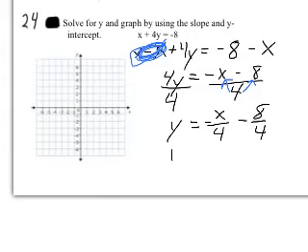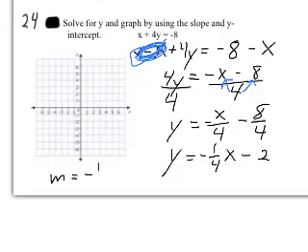Okay, so negative x over 4 is the same as a negative 1/4 x, and negative 8 over 4 is the same as a negative 2. So here we have our slope equals a negative 1/4, and our y-intercept equals a negative 2. So let's start with the y-intercept, negative 2, right there, or thereabouts. And let's count our slope. It's down 1 and over 4, down 1 over 1, 2, 3, 4, right there.